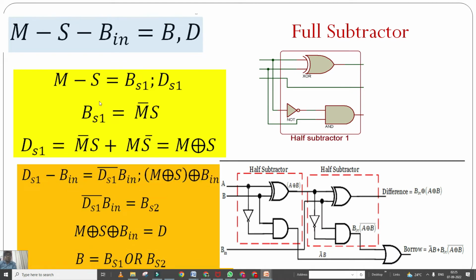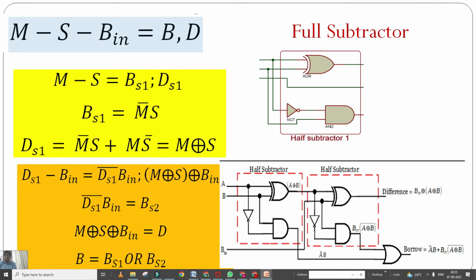Because DS1 minus B in, that is DS1 minus B in, gives you the difference, and this is the borrow in. So DS1 B in is the borrow out, and M XOR S XOR B in. Look at this, the difference, and this difference is entered into here.